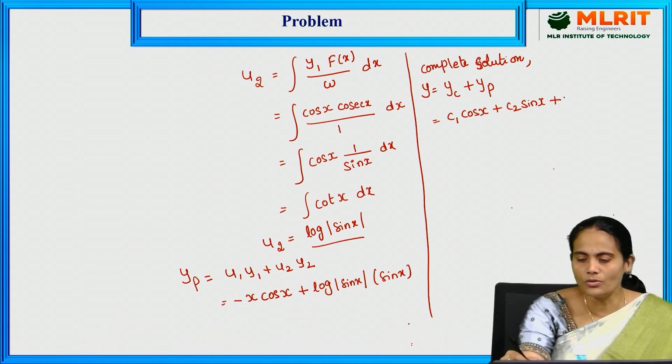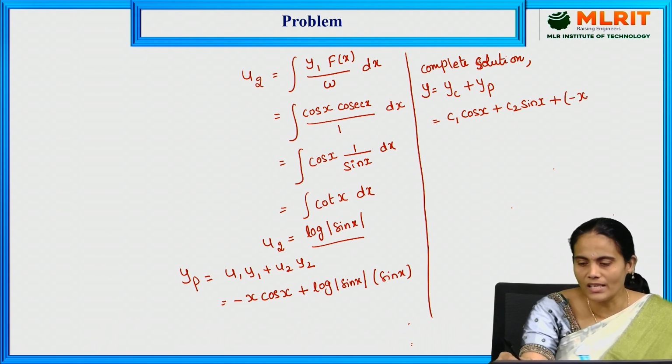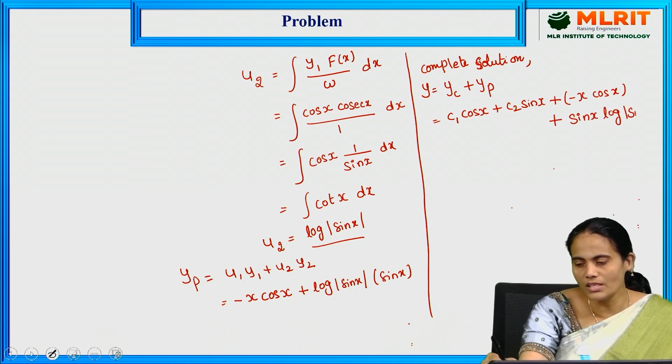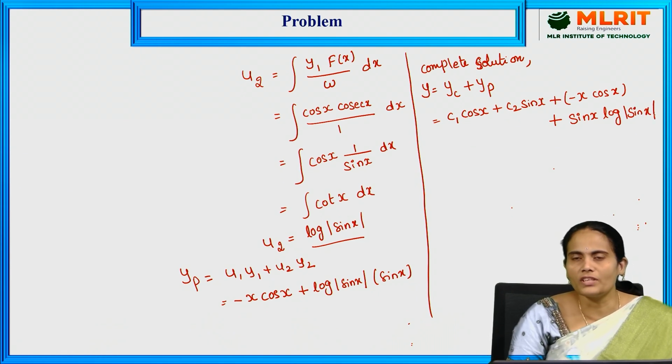The value of yp is minus x into cos x plus sin x into log mod sin x. So this is the complete solution of the given differential equation by using the method of variation of parameters.